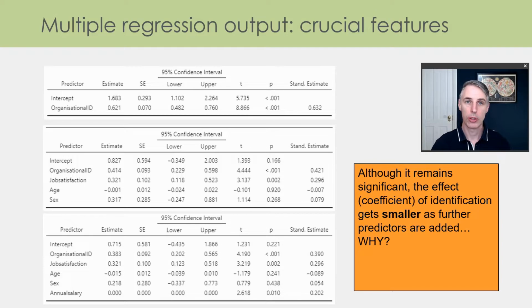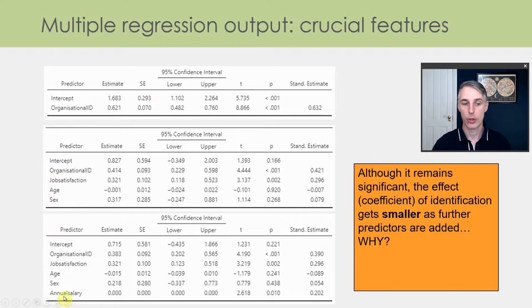So just to close off on hierarchical multiple regression, I want to highlight just one thing. These are the coefficient tables from the first hierarchical regression that we ran. So this is the model that just had identification. Then the second one, in which we'd added that block with job satisfaction, age, and sex.